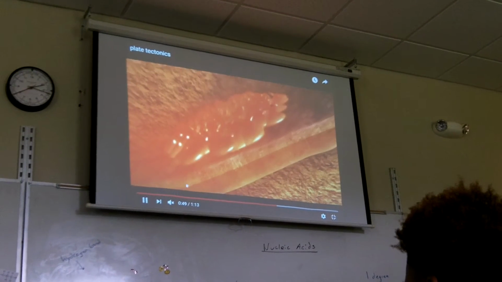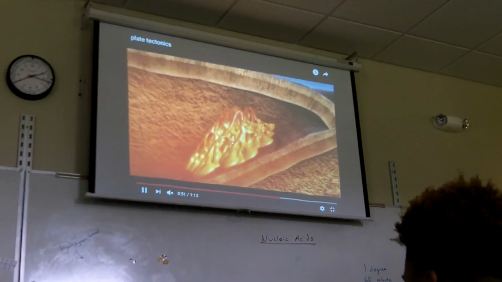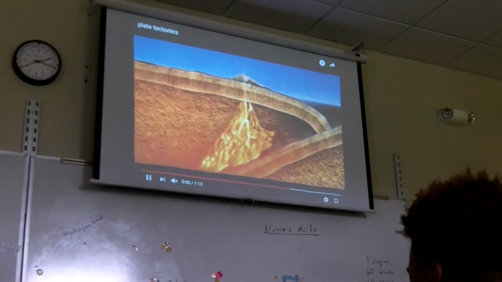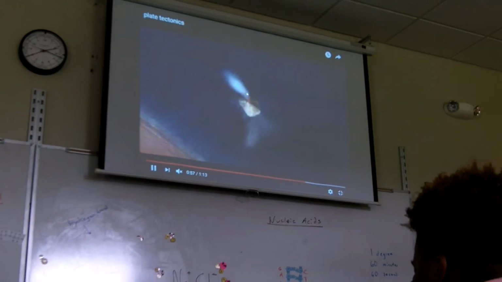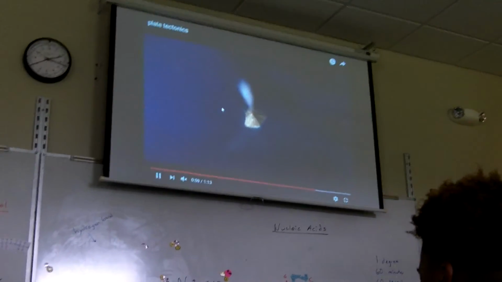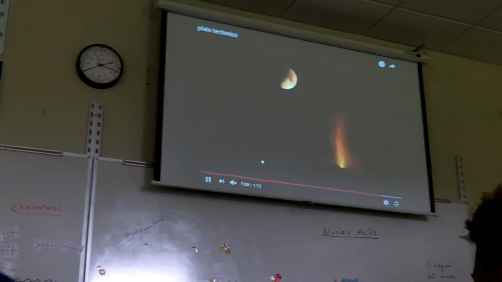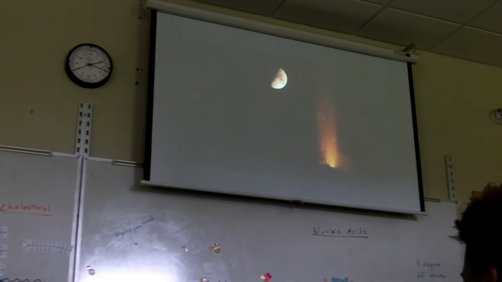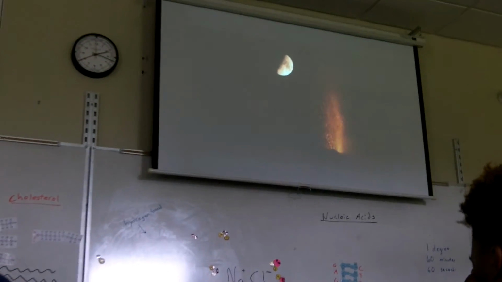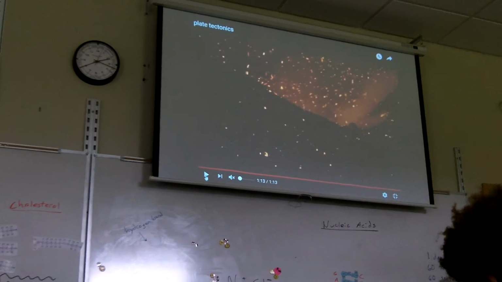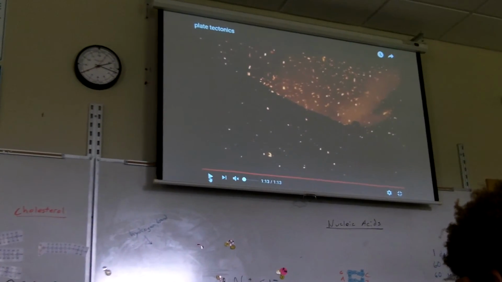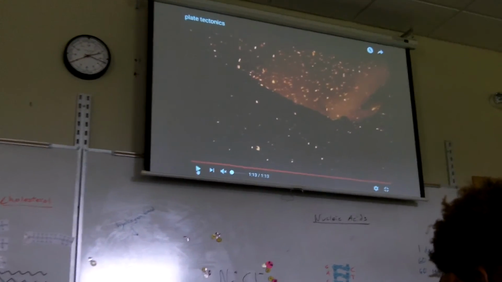And you can see here, it gets hot and it's carried upward and it pushes on the plate and will come out through volcanoes. And that's why the volcanoes release. Have y'all ever heard volcanoes release huge amounts of carbon dioxide? Well, that's because it comes from the shells of these organisms that are made of carbon. And so that's why carbon dioxide comes out of volcanoes.